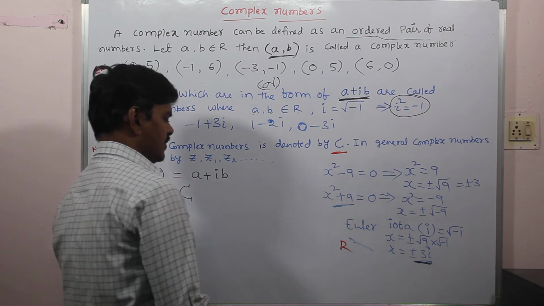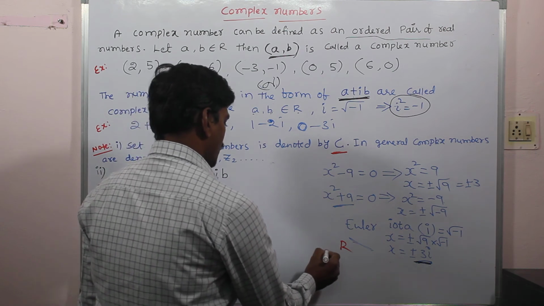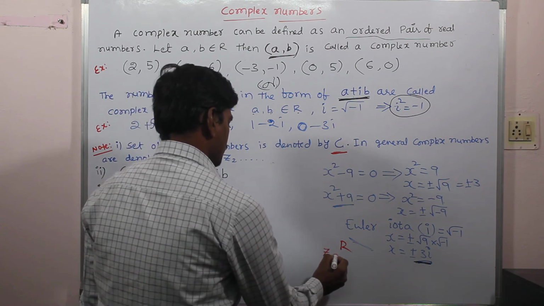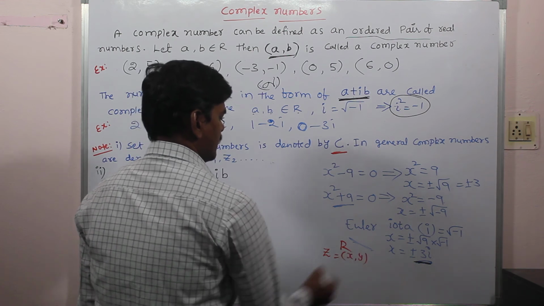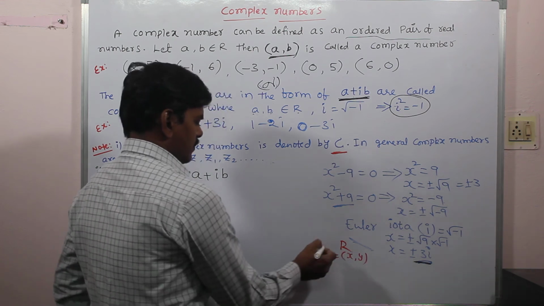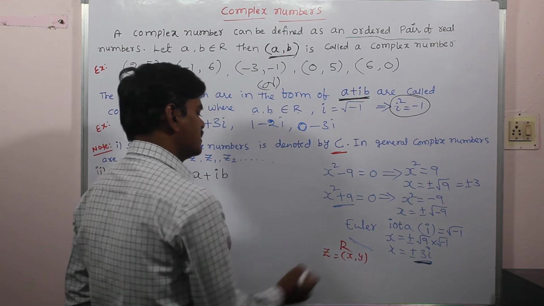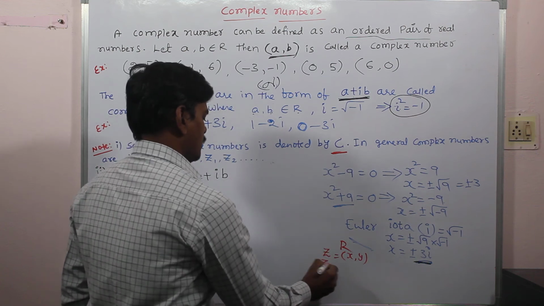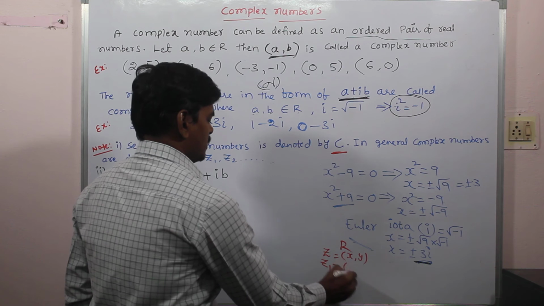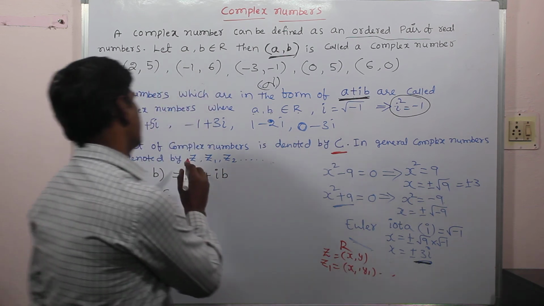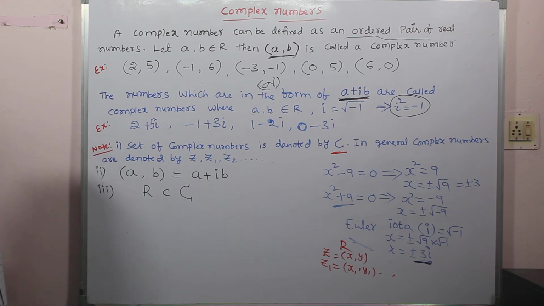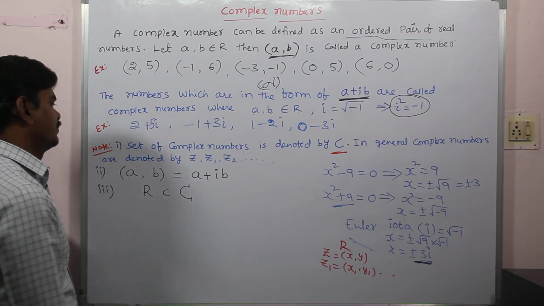While solving problems, if you want to assume a complex number, suppose x comma y is a complex number, you can name it Z. Or if you want to assume another complex number, Z1, x1 comma y1, like this. We use Z, Z1, Z2 to represent complex numbers.